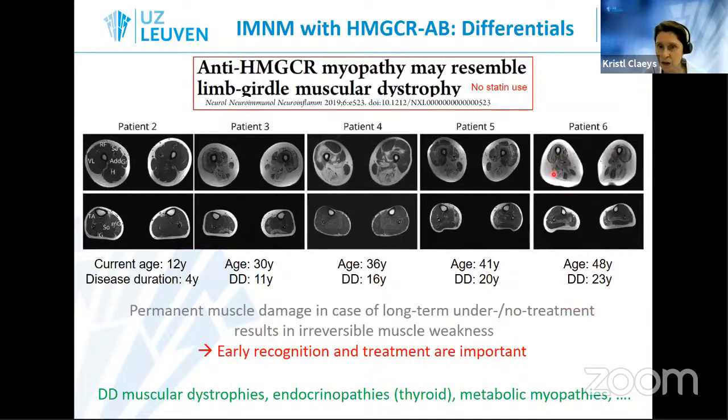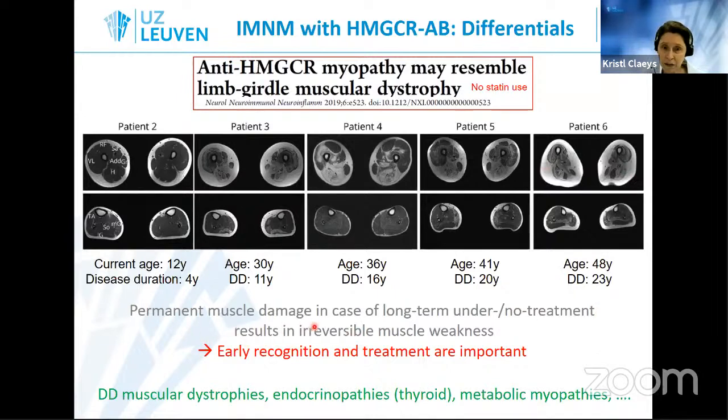And of course, this is a situation that is no longer reversible. So if the diagnosis is not made early, and if the disease is not treated early, you get muscle damage that is no longer repairable.